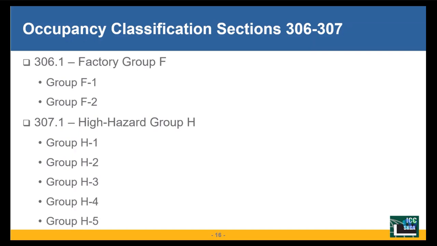Group H5 includes semiconductor fabrication facilities, like microchips and so forth, and research and development, where hazardous materials are used and quantities again exceed the MAQs. So as you can see, H1 has detonation, whereas H5 has the semiconductor business. So the level of hazard is a lot higher in H1 occupancy than H5 occupancy.